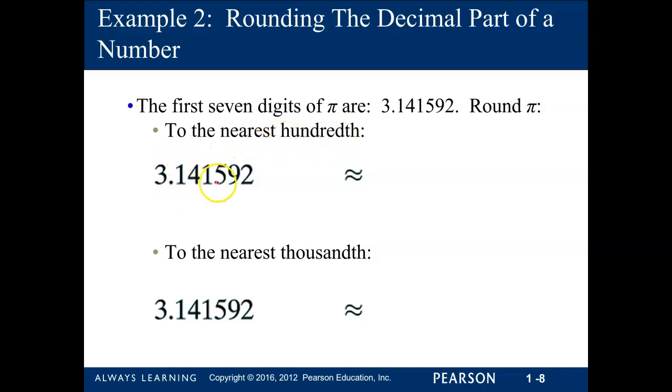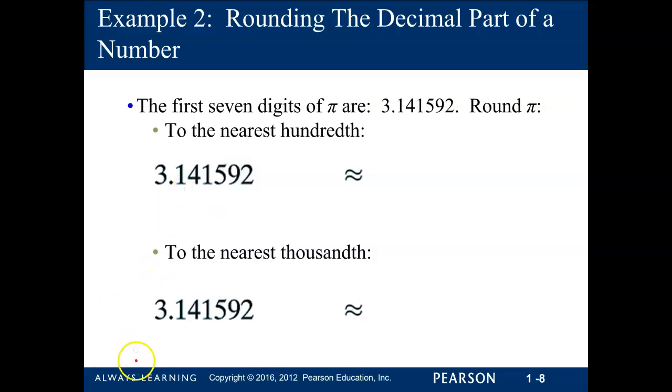If we're going to review the place values on the decimal part, the first digit next to the decimal point is your tenths, then hundredths, thousandths, ten-thousandths, and so on. So if we're looking for the hundredth digit, we need to look at the digit 4 over here.